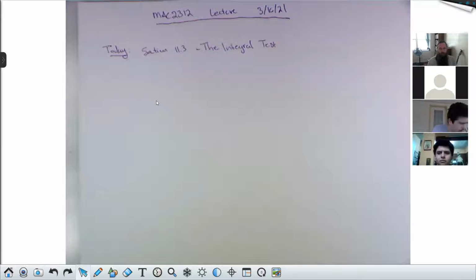That said that if the limit of the a_n, as n goes to infinity, is not 0, then the series sigma a_n automatically diverges. But today we're going to start growing our list of convergence tests with this one, the integral test, which we hinted at a little bit on the Thursday before break. So I don't want to hesitate. Let's get into it.